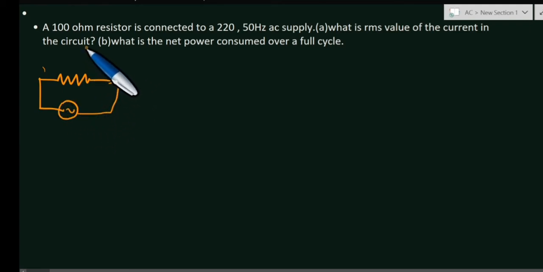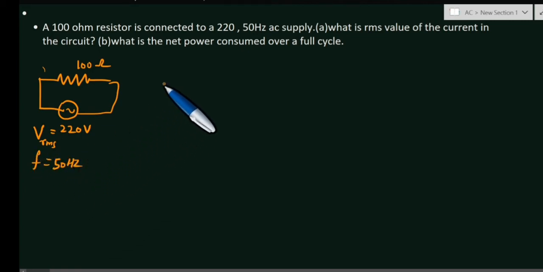So the resistor value is 100 ohm, connected to an AC source of 220 volt, that is VRMS, and the frequency of the AC source is 50 Hertz. What is the RMS value of current?